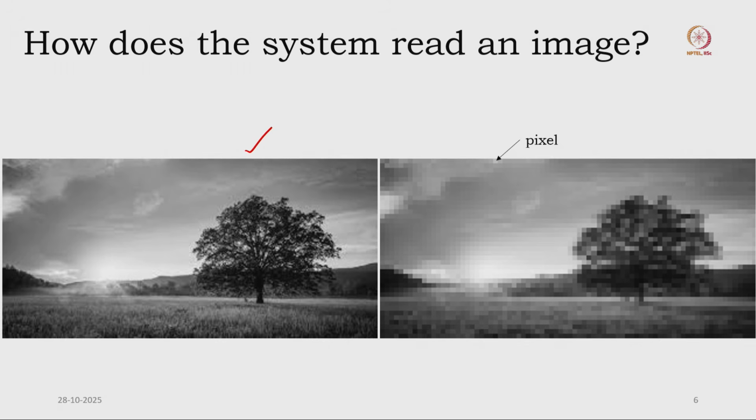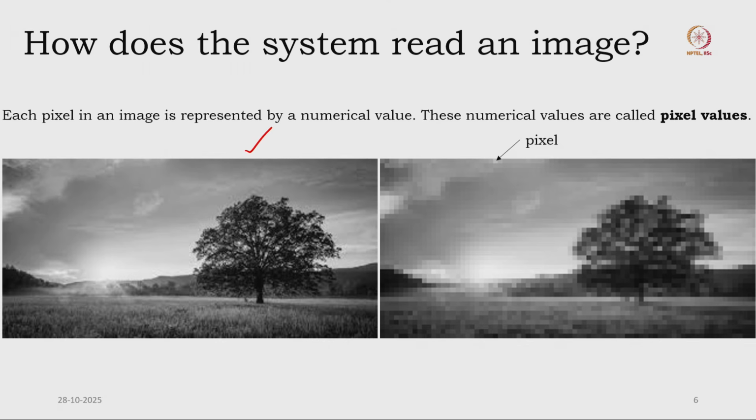We call it as a pixel. Therefore, we have a pixel here, we have a pixel here, we have a pixel here. Each of these pixels in an image is represented by a numerical value. Now, these numerical values are called pixel values.